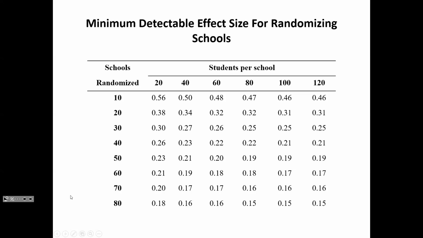Here I've got 20 students per school with 50 schools, that's also 1,000 students. Here my minimum detectable effect size is 0.23. Here my minimum detectable effect size is 0.46, literally twice as big. Same number of students, right? Okay, so that's the point there.